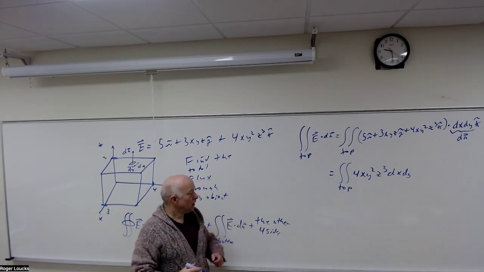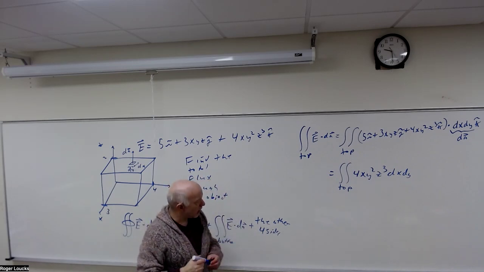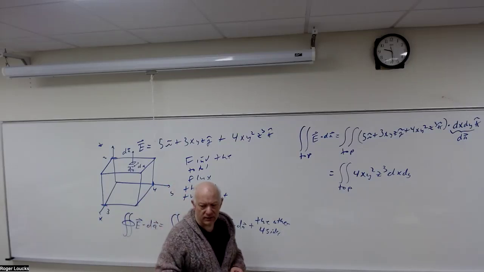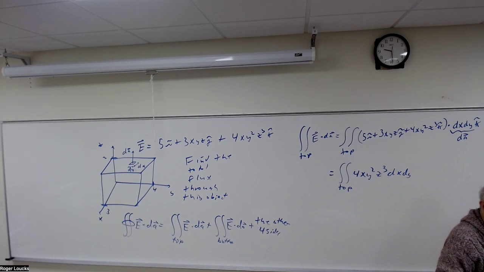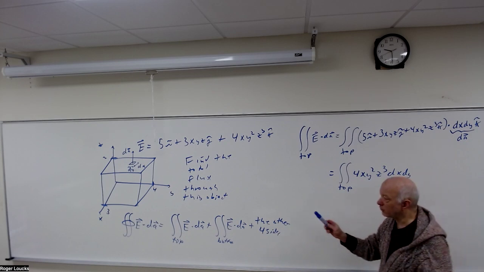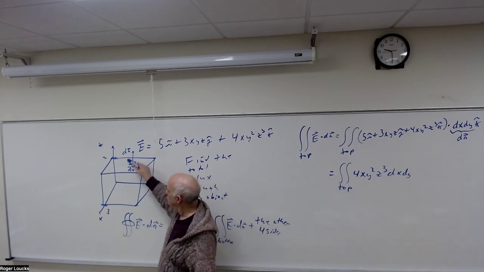Okay. Now, let's start beating on this. What do we know about the z on the top? There's a reason why I gave you this type of shape here. On that top part, we're doing this integral just on the top, right here.